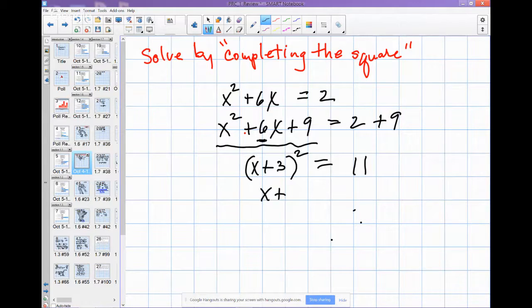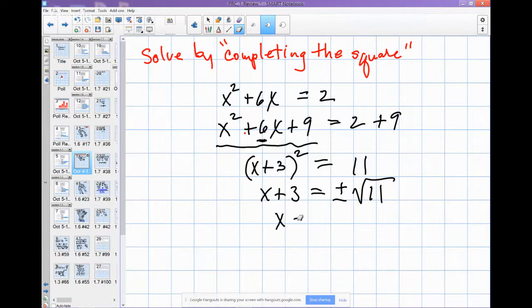So x plus 3 equals plus or minus the square root of 11. And now to solve for x, subtract 3 from both sides. And there we have our two solutions, solved by completing the square. That's the procedure.